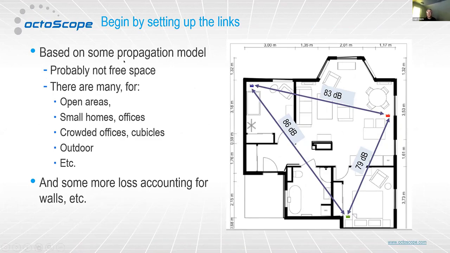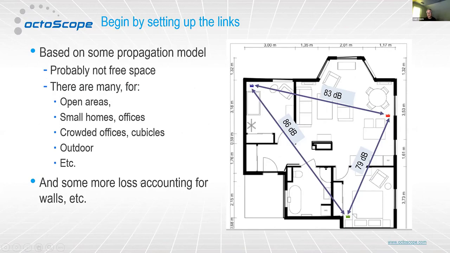So we can estimate what the path loss would be based on some sort of model. Before, we talked about free space, because that's the one that you always start with. But, as I said, there are many different kinds of path loss models, and there are models for open areas, small homes, crowded offices, outdoor, all kinds of things.